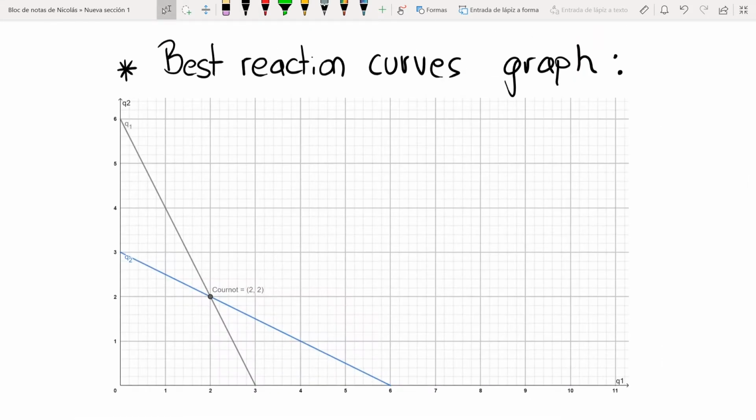So after finding both Airbus and Boeing best reaction curves, we can graph them. We can graph them right here in a Cartesian plane, where the x-axis stands for quantity 1 and the y-axis stands for quantity 2. Right here we have Boeing's best reaction curve, and right here we have Airbus's best reaction curve.